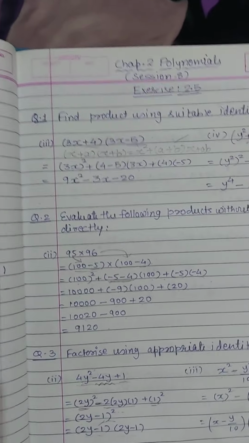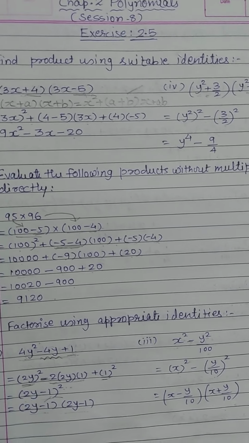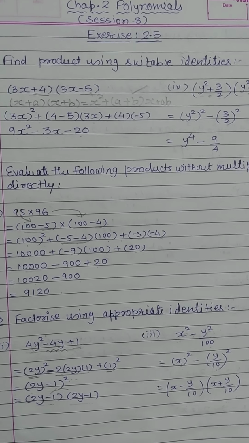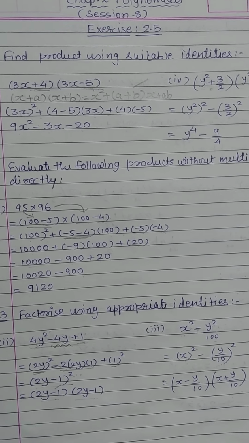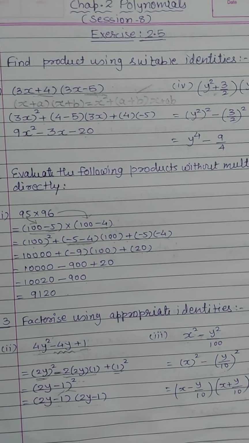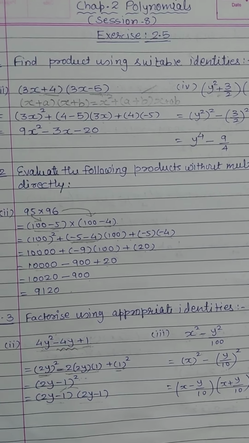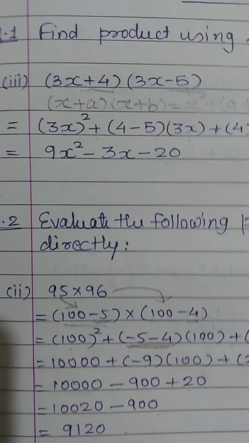Question number 1, find product using suitable identities. From each question, I have taken 2 or 3 questions or 1 question. The remaining questions you have to do in homework. Okay? So let us take question number 3.